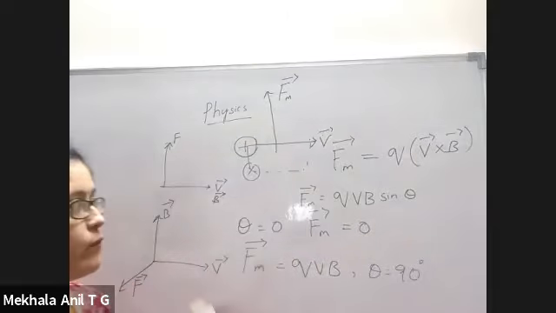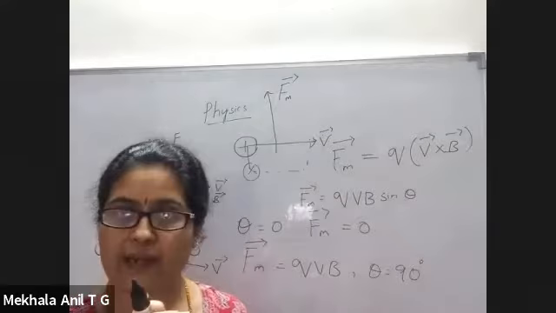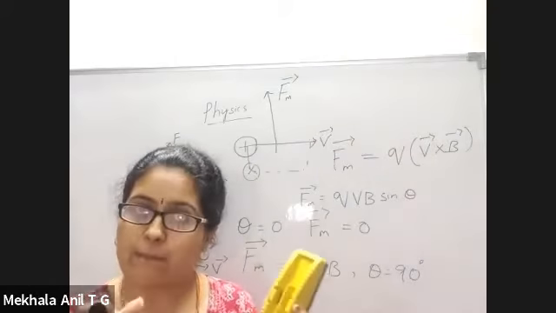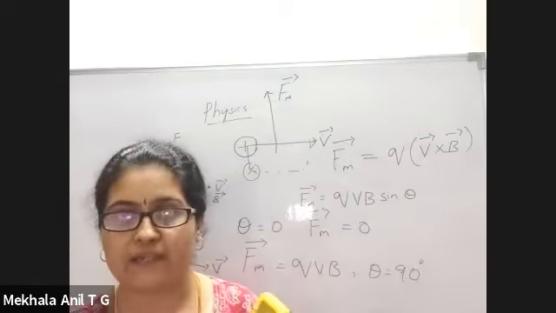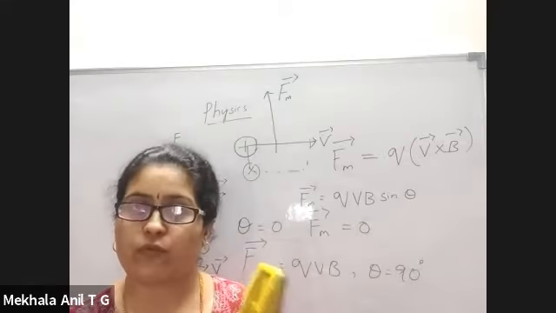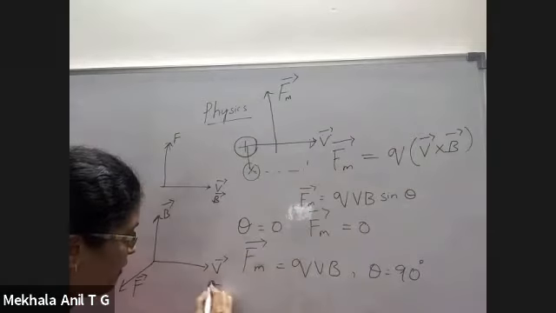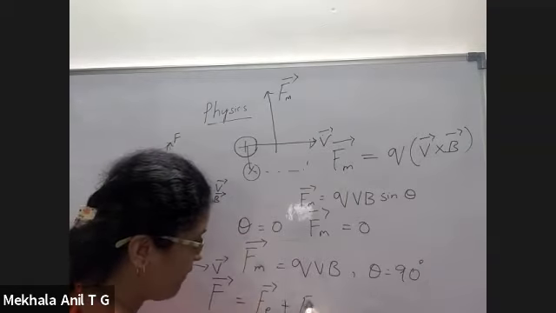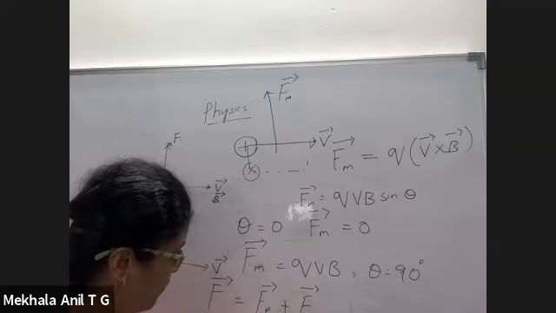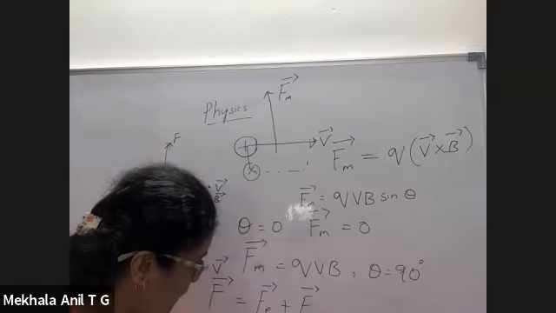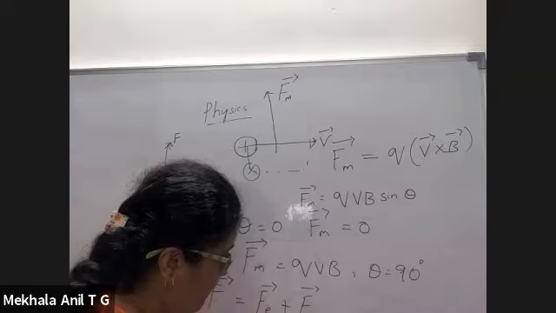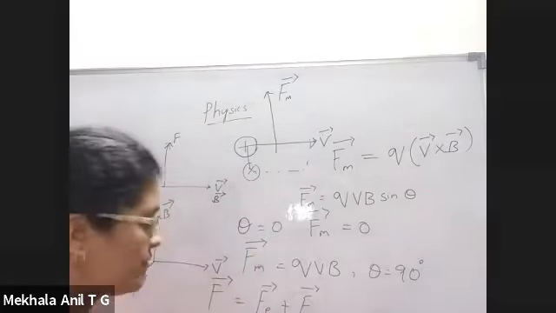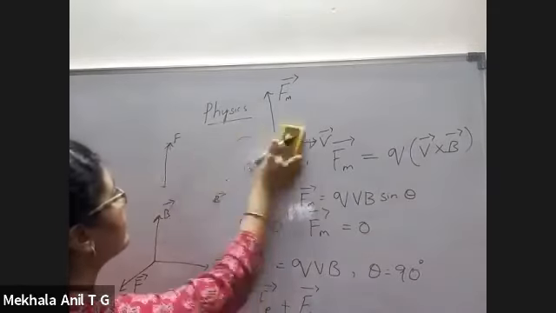Now together, when a charged particle is static plus when the charged particle starts moving, the total combined electric force and magnetic force together constitute the Lorentz force. This F Lorentz is equal to Fe plus Fm, which is equal to QE plus Q into V cross B. I think this is not visible to you, I will write here.